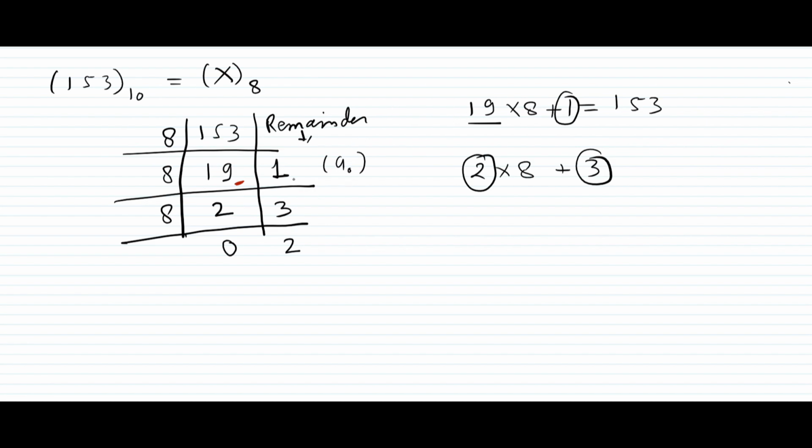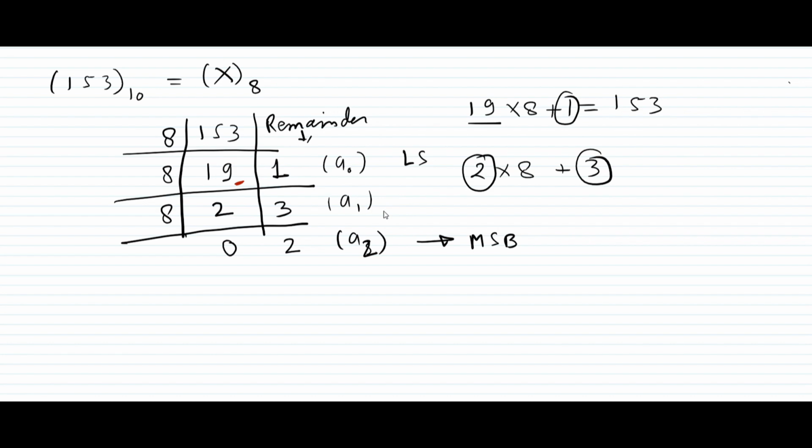The first remainder will be a0, the second remainder will be a1, the third remainder will be a2, likewise. Or we can say this one will be MSB and this one will be LSB.